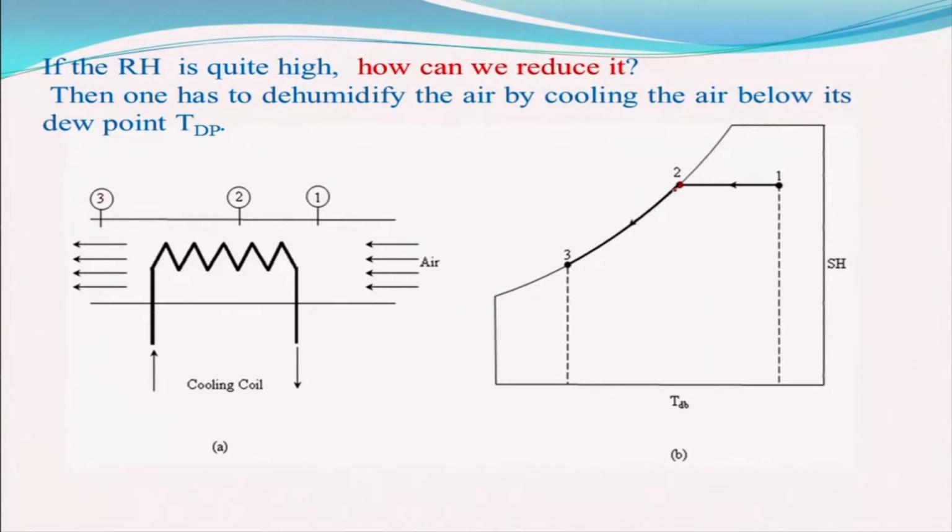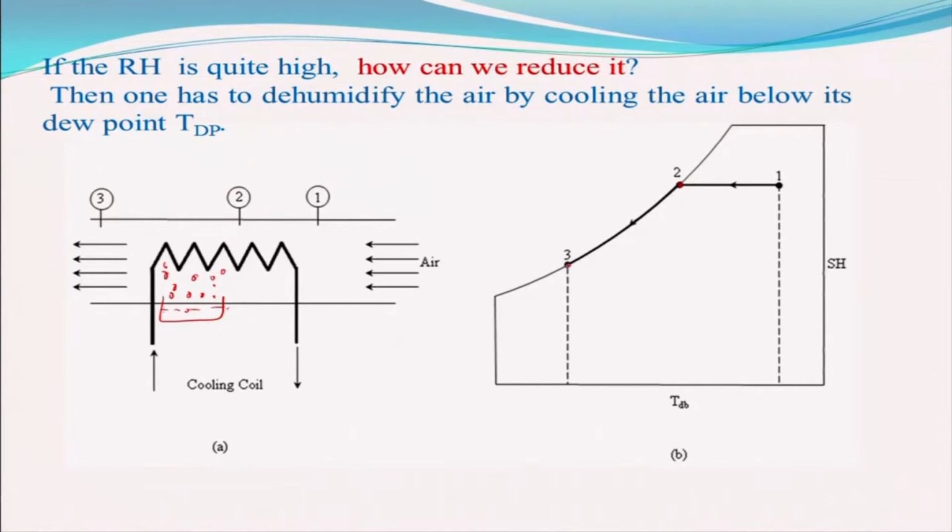Then it will start condensing. There will be some moisture we can collect over here, which is condensed, coming as droplets, and then you can collect it. As a result, the moist air which is coming over here is cooled, and then you will get over here.